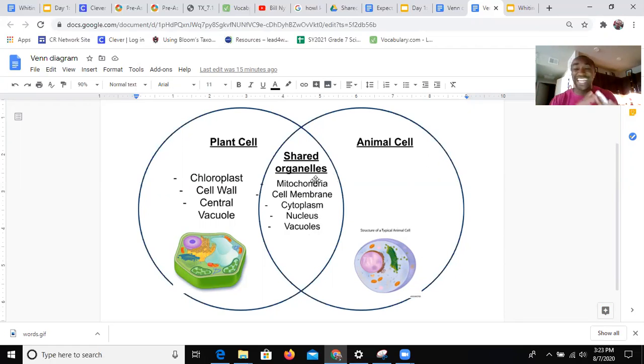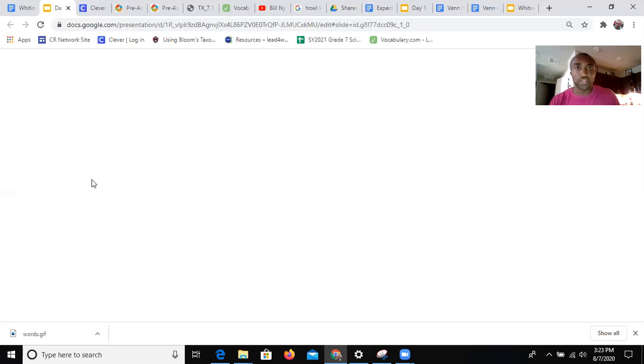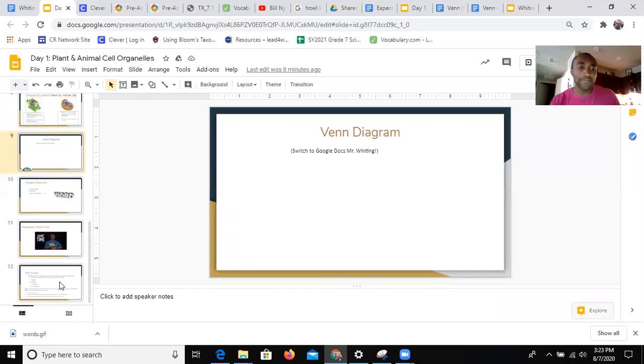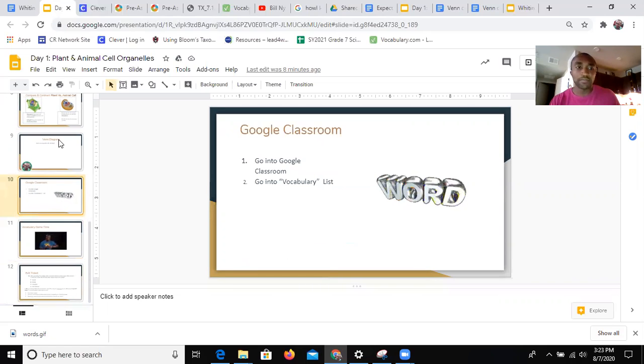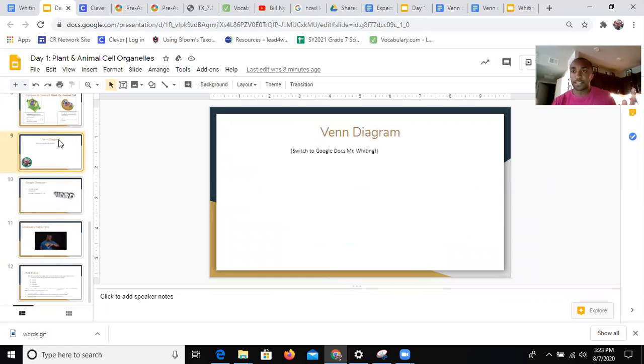Both the plant and animal cell share these organelles, and we're going to go into detail about what these actually do for the cell, as well as why they're important for the cell. All right, moving back to it. When we go through everything, reminder, we're going to have a glossary to use, so we have every single thing together. But that is cell organelles between plant and animal cell.